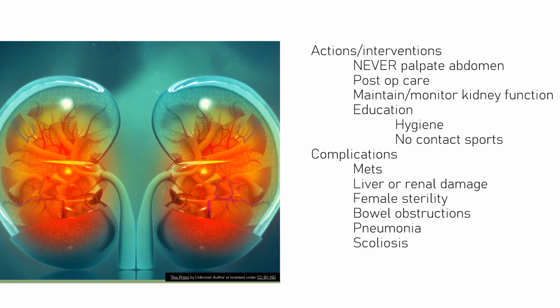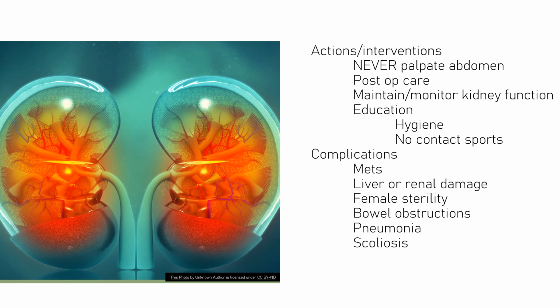Okay, so the nursing actions and interventions: we have to put a sign above the bed in the patient's room that says never, ever, ever palpate their abdomen. Their abdomen might be palpated in the very first examination by the doctor when the parents brought them in.